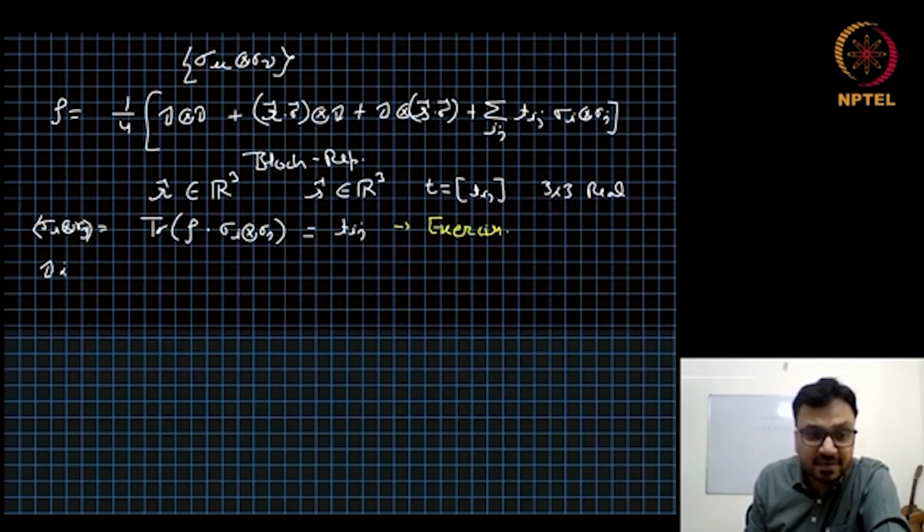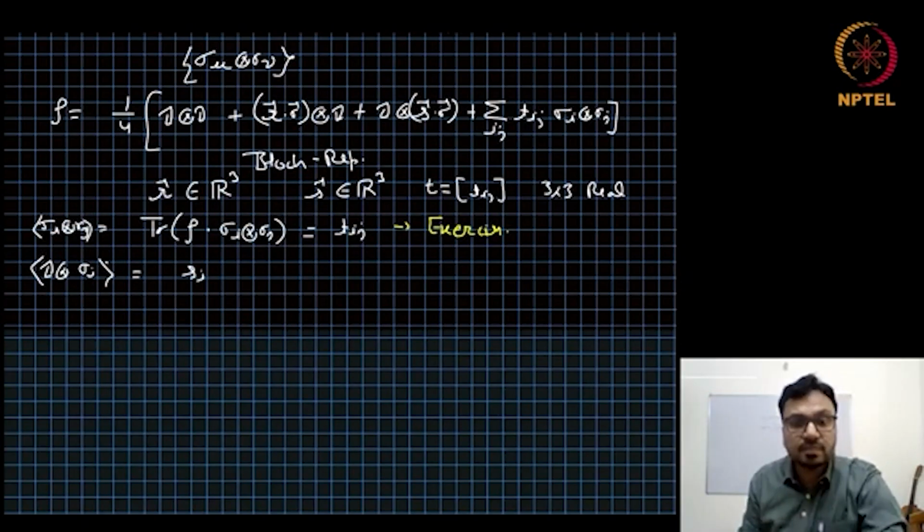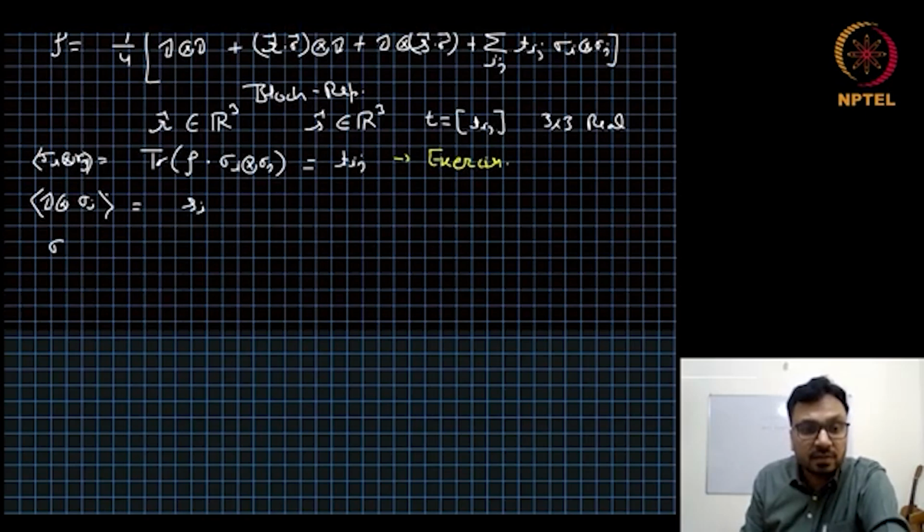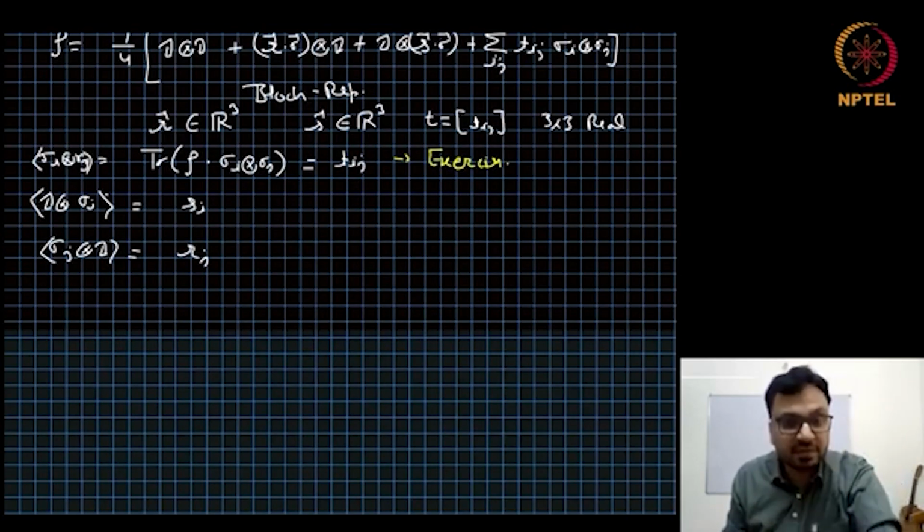Similarly, we can see the identity tensor sigma_i expectation value is S_i. Sigma_j tensor identity expectation value is R_j, and identity tensor identity has expectation value 1.